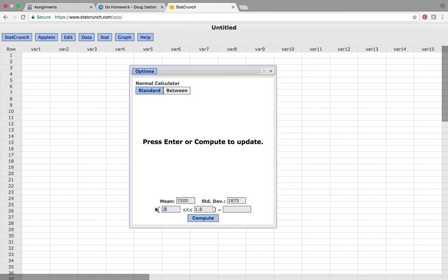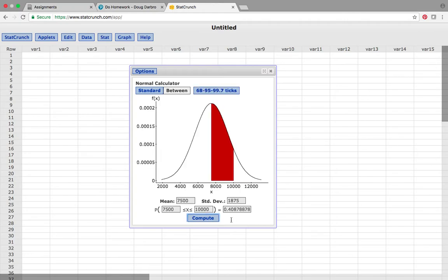So if I put in the cell counts, 7,500 and 10,000 and compute, I get an answer of 0.4088.